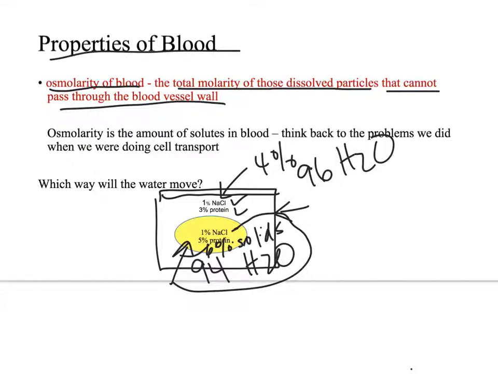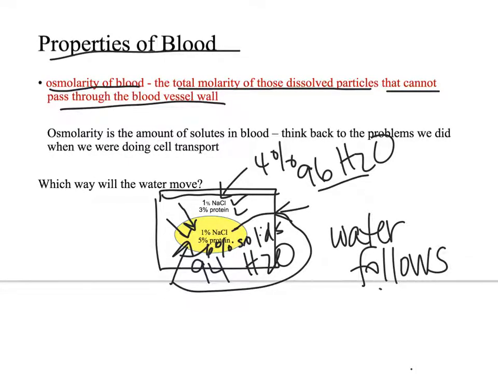That means that the water is going to flow from outside the cell into the cell. So the water is always going to follow the solids. Different things going on in our body can alter the amount of protein that's in there, and that's going to affect how the water moves.